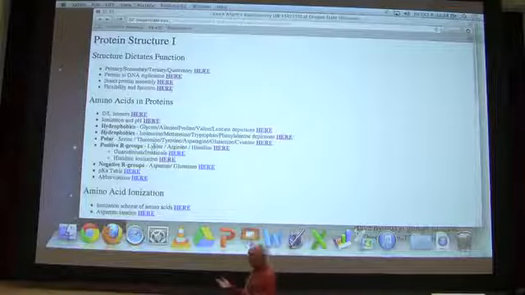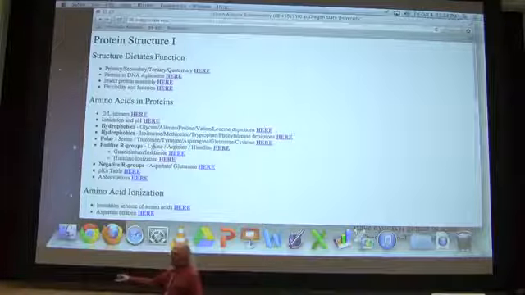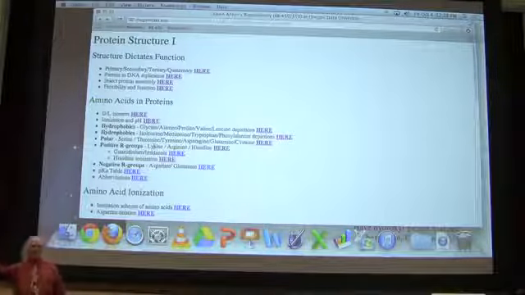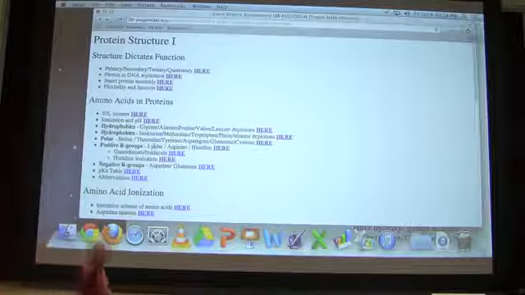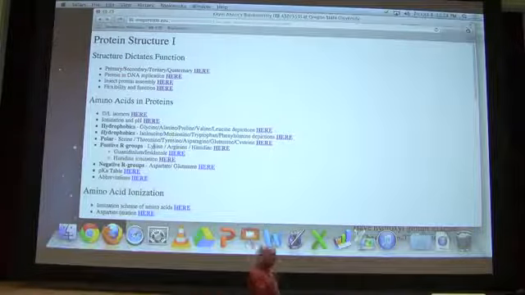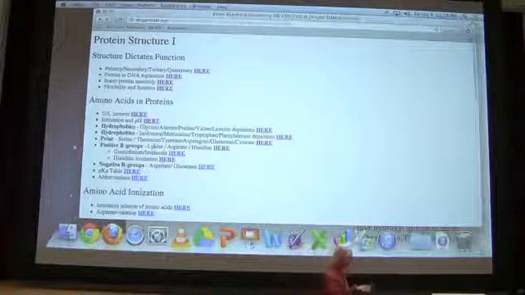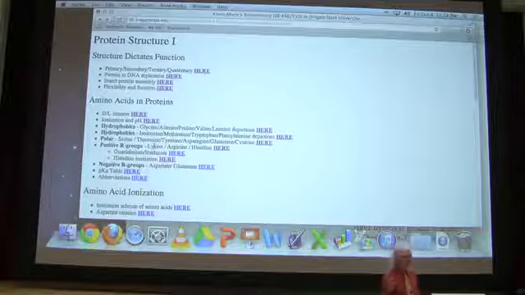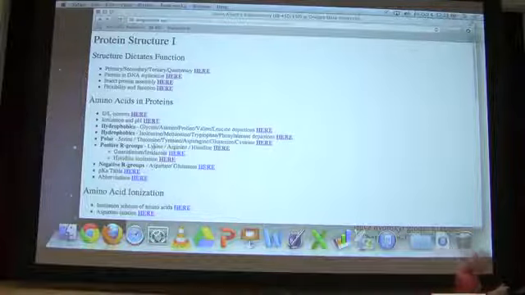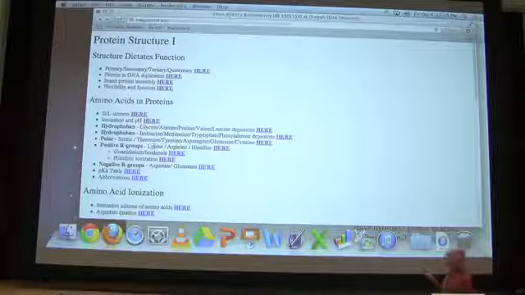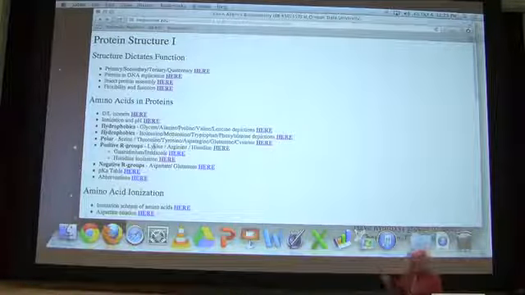Now, whenever I talk about an ionizable group, whether it's an alpha carboxyl, an alpha amine, an R group amine, or an R group carboxyl, which we'll see in a minute, any of those can ionize. Anything that can ionize will have a pKa if it's a weak acid, and all of these are weak acids. So each of these will have their own pKa value.